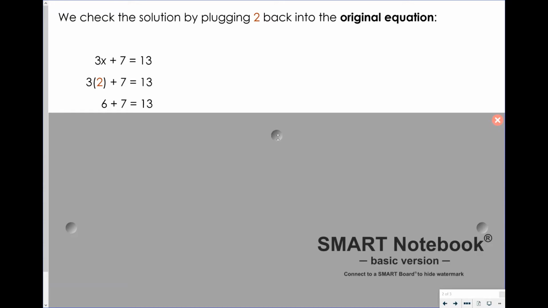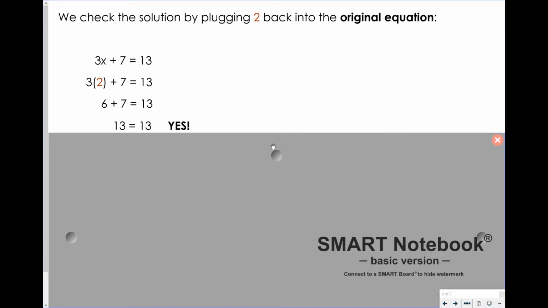Now what's 6 plus 7? 6 plus 7, my friend, is 13. So 13 equals 13. Does 13 equal 13, you guys? Yes, it does, as I have it right here. So you have done it correctly. Okay? So good job for you.